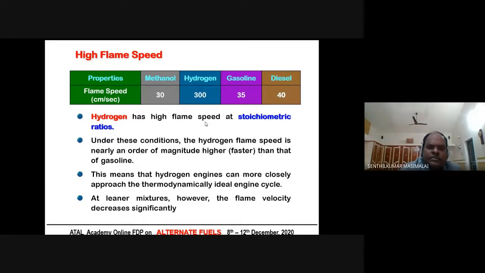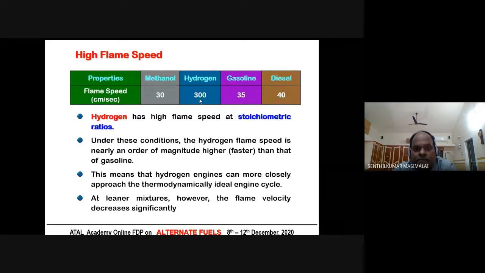If you look at the hydrocarbon fuels, gasoline, diesel, methanol, ethanol, etc., the flame speed will be between 30 to 50 centimeters per second only, particularly at stoichiometric conditions, or for some cases 60. But if you look at hydrogen, hydrogen has the highest flame speed.